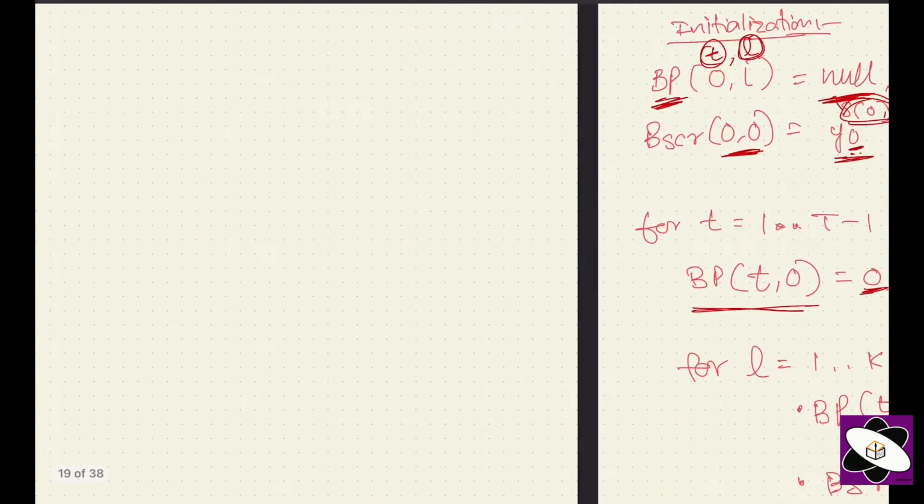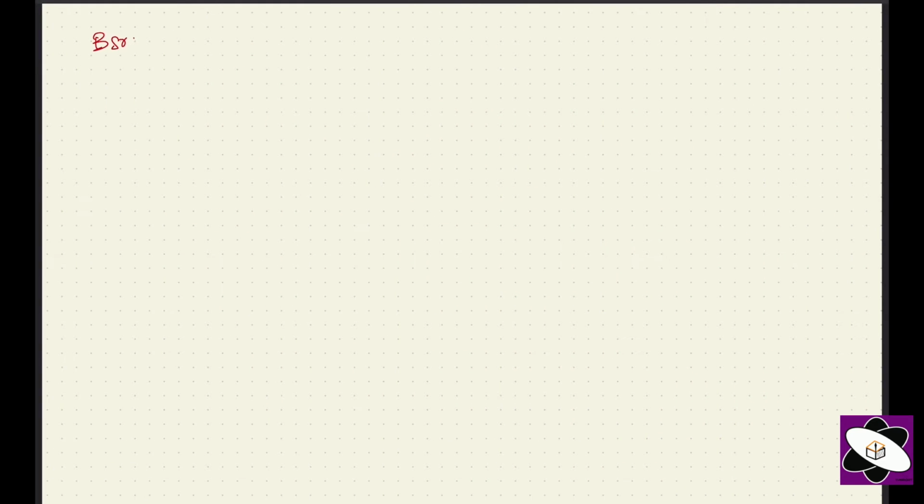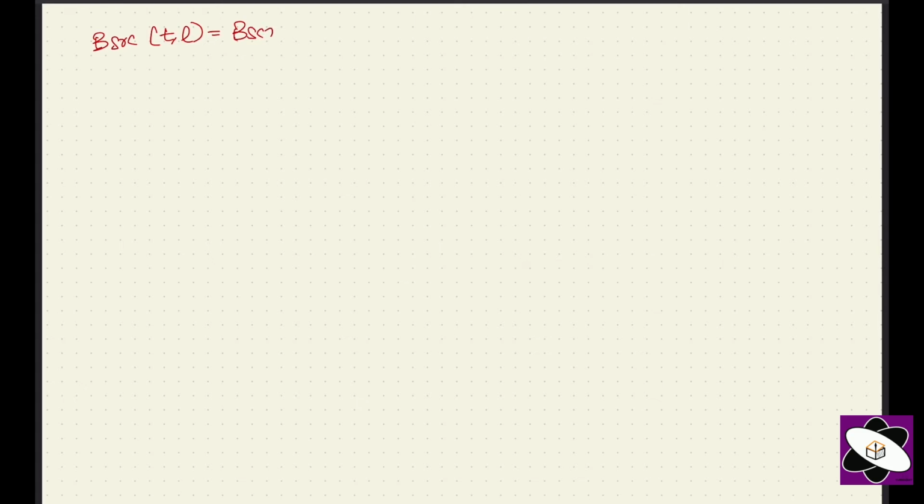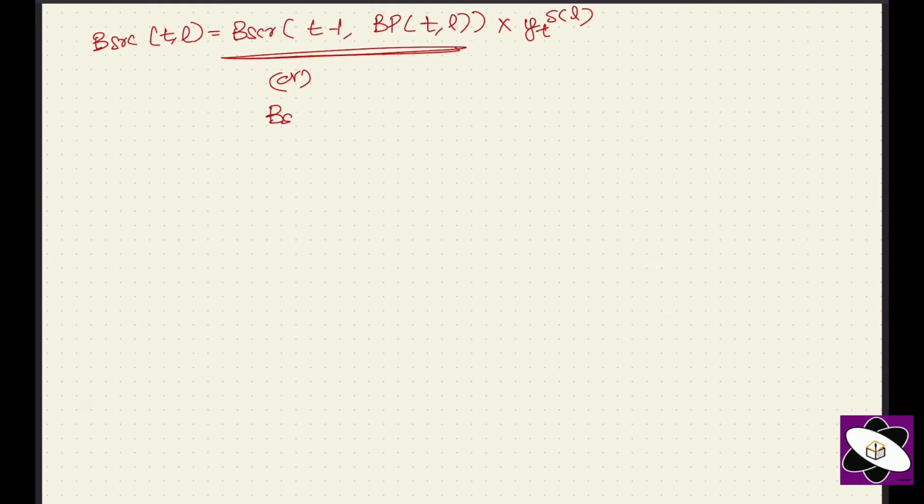So what I'm trying to say is, as you can see, b score of t comma l is nothing but b score of t minus 1 comma bp of t comma l into yt of s of l, or alternatively, b score of bp of t comma l. We can write that like that itself, and this will come here as it is.